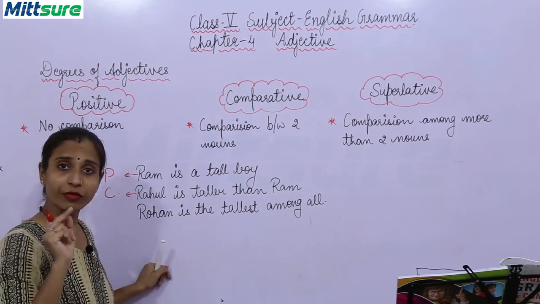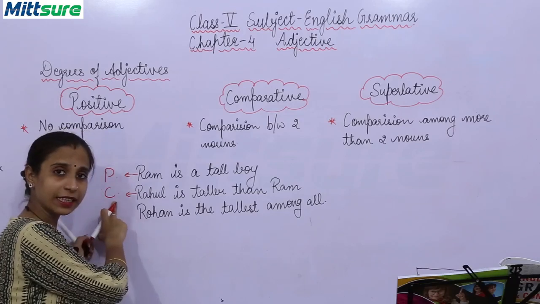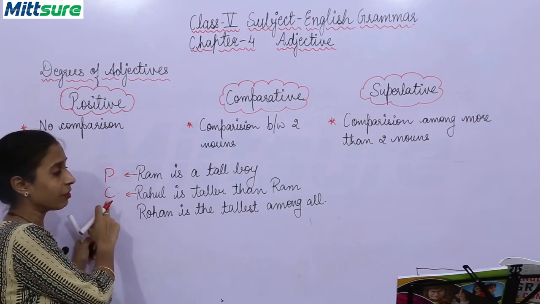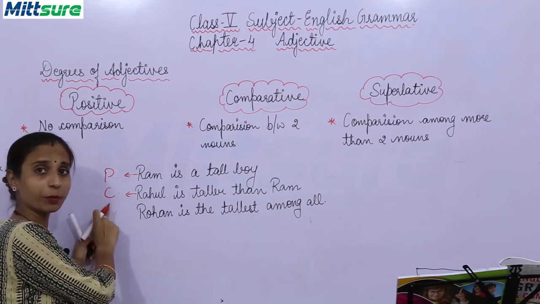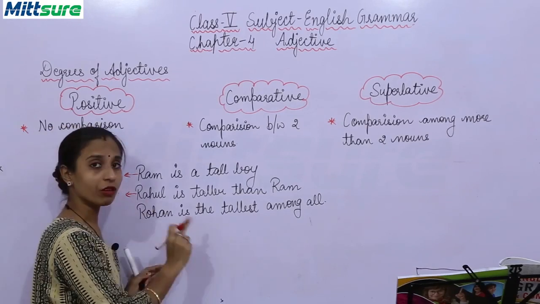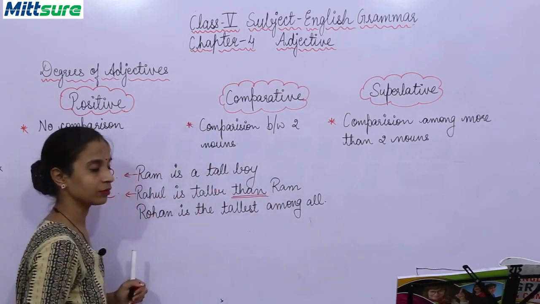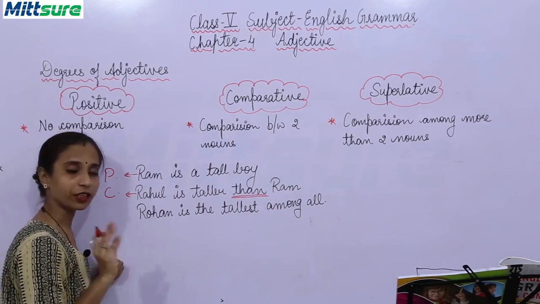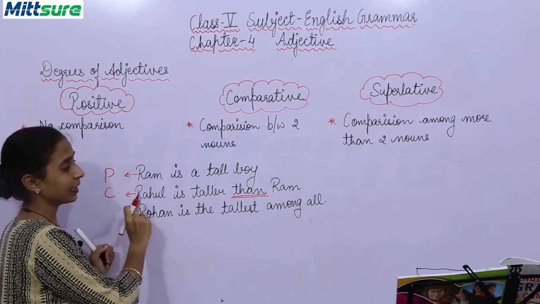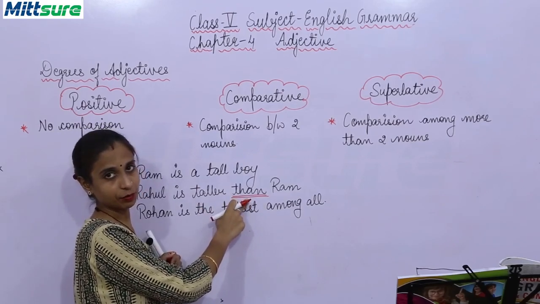Children, always remember this: when we compare two things, that means we are talking about comparative degree, and we will always use the word than. How will you know that this is a sentence of comparative degree? It will always have the word than in it.